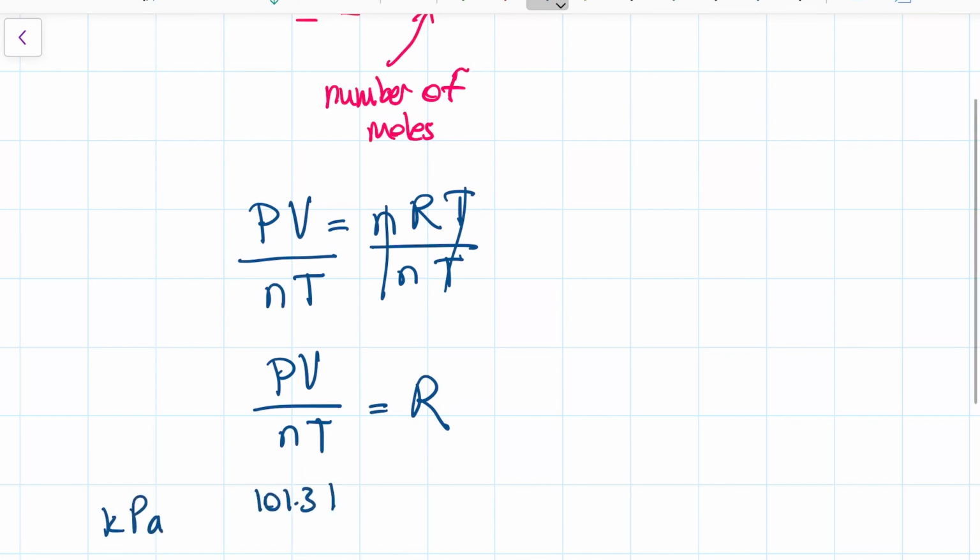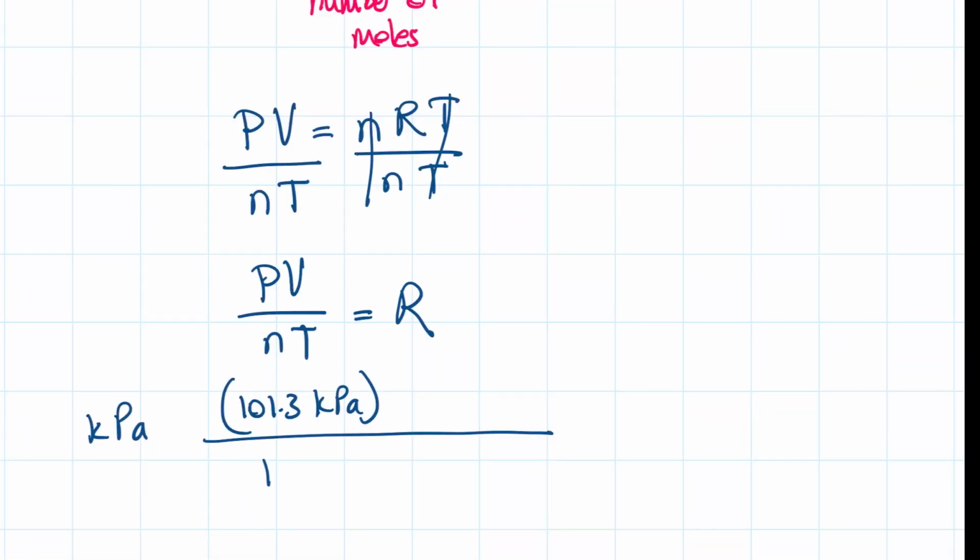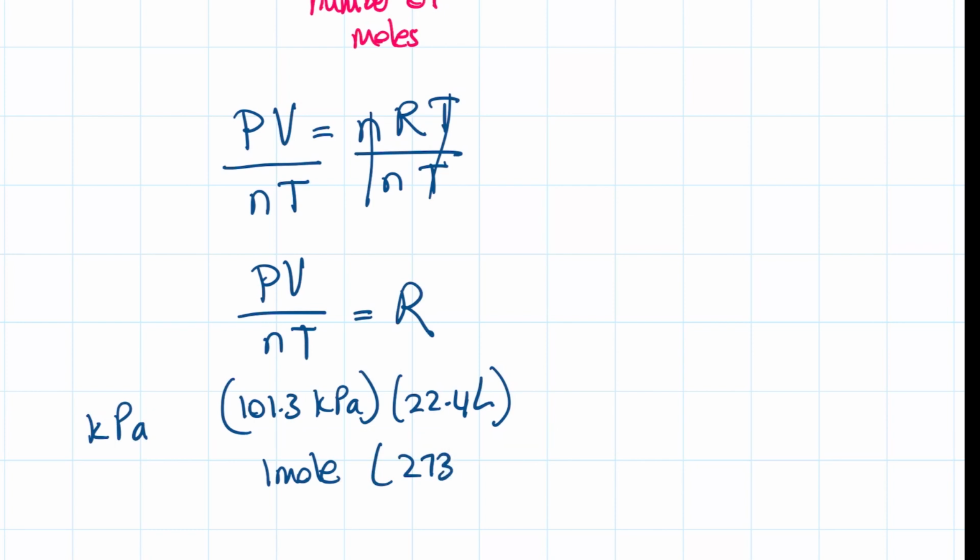P is going to be 101.3 kilopascals. I'll put V in a minute. If I have 1 mole, then my volume has to be 22.4 liters. And it's at standard conditions, so my temperature has to be 273 Kelvin.